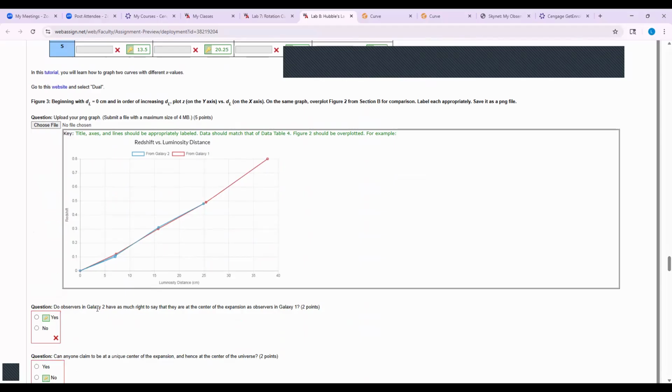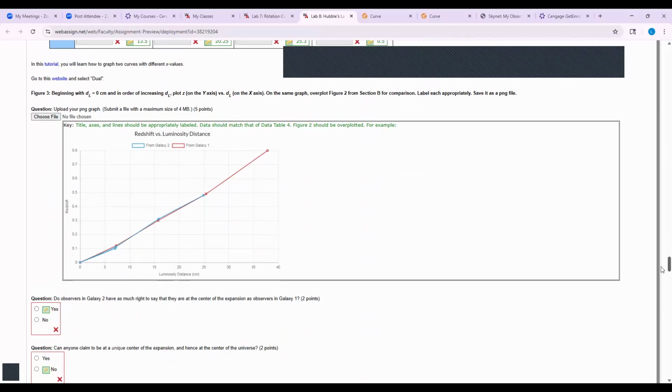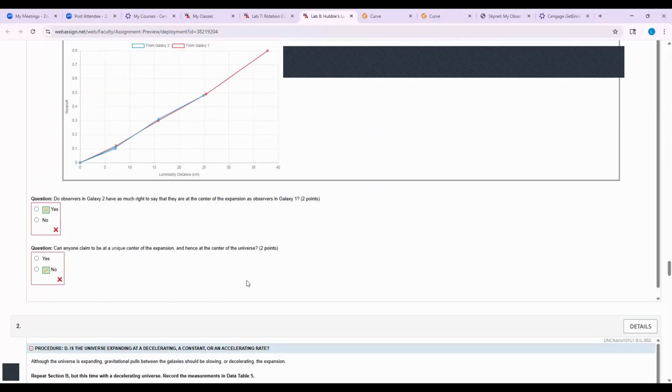Does an observer in galaxy 2 have as much right to say they are the center of the expansion as the observer in galaxy 1? The answer is yes. Therefore, whether you look from galaxy 1 or galaxy 2, the expansion of the universe is the same. From these two comparisons, we can say it.